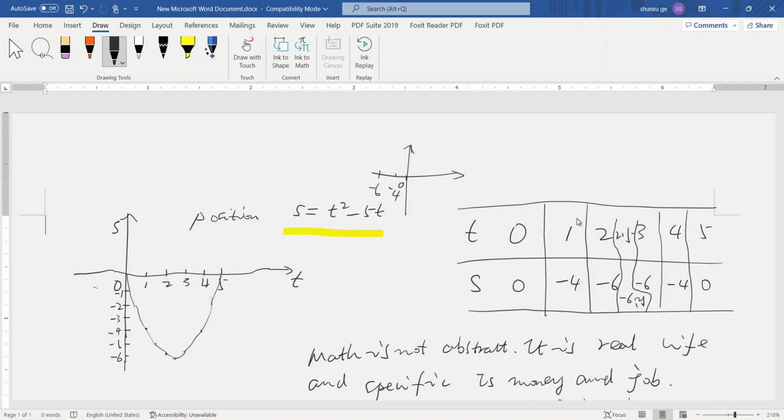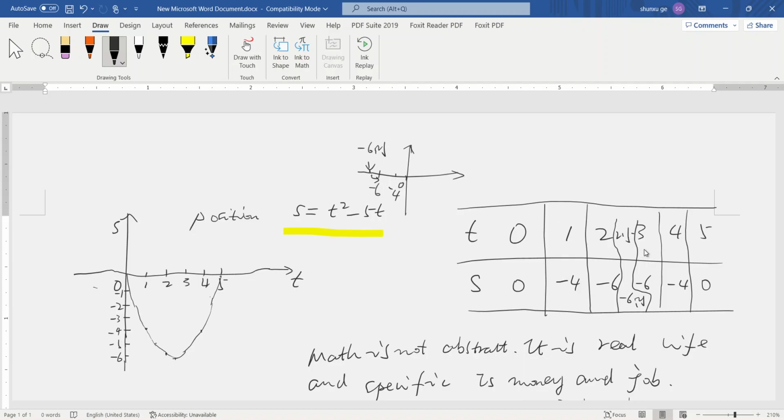Then the time is 2.5, the position is negative 6.25 here. For example, here, negative 6.5. Then he changed direction. Here it is negative 6.25. Then go back.